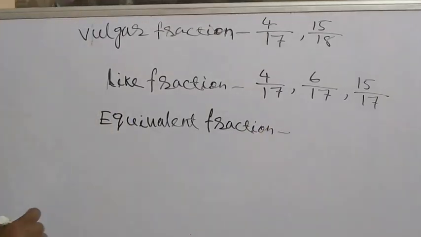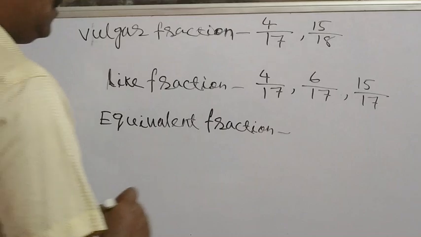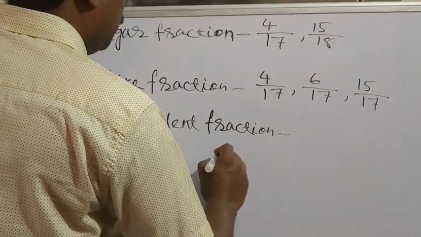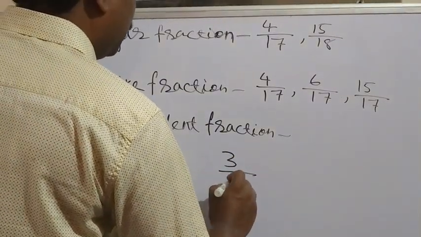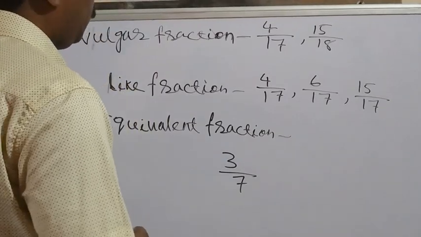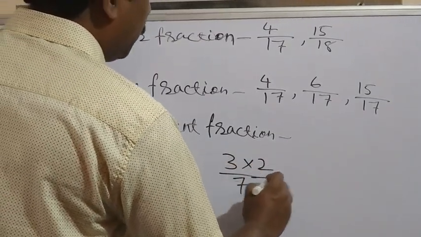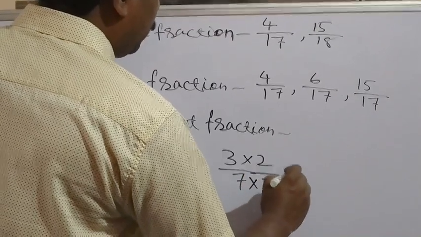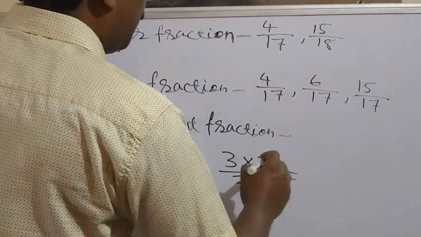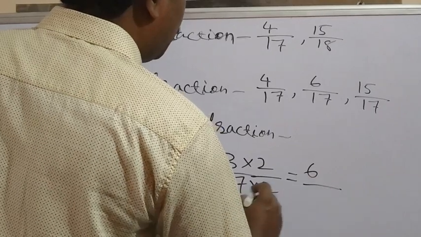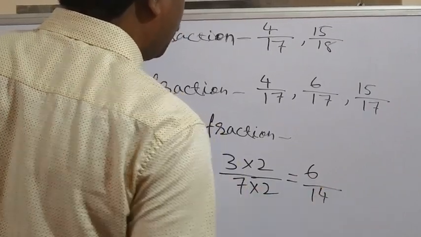In equivalent fraction, suppose one fraction is there, 3 by 7. If in the numerator you multiply by 2, in the denominator also you multiply by 2. What will you get? 3 into 2 is 6, divided by 7 into 2 is 14.